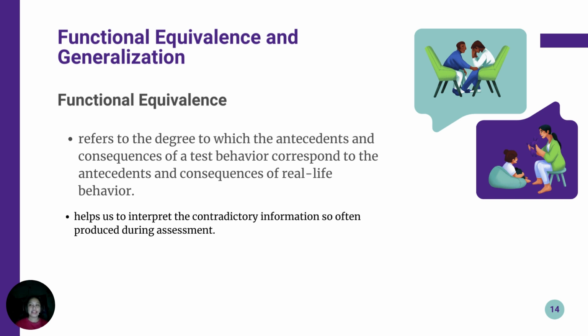The antecedents and consequences of test behaviors are encompassed by the projective stimulus situation. Projective stimulus situations or test environments vary to some extent from test to test and occasion to occasion. Functional equivalence helps us to interpret the contradictory information so often produced during assessment.